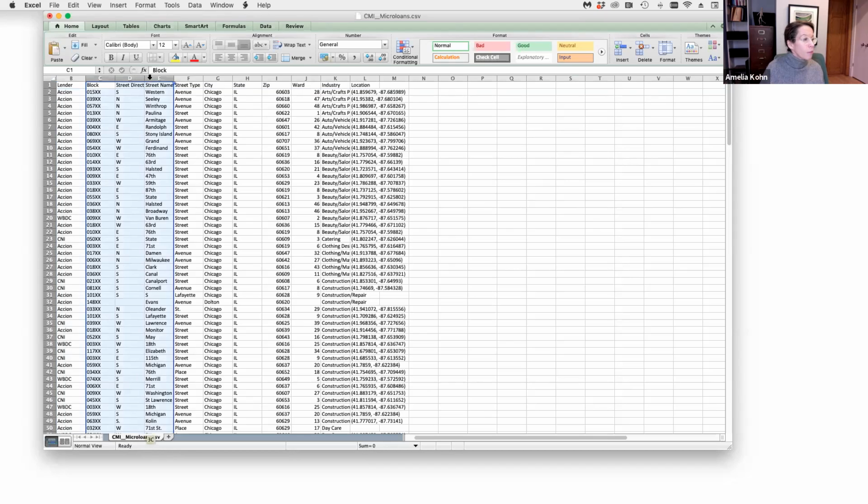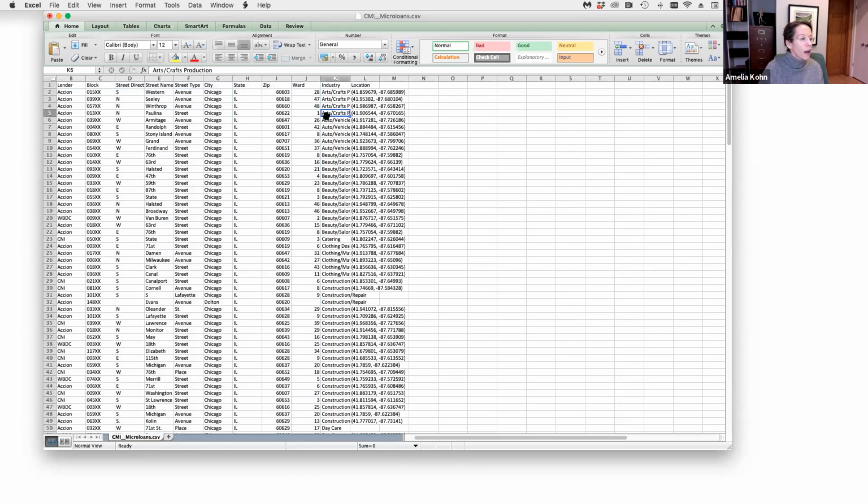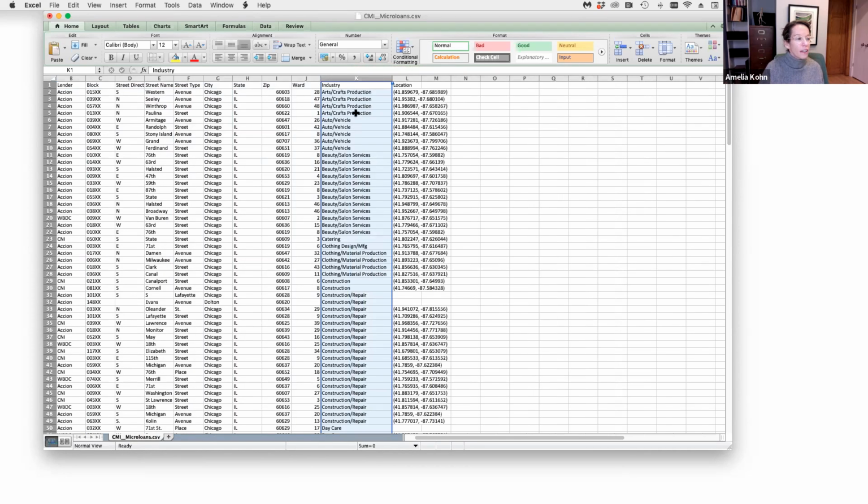We get a bunch of information about the location of the loan. We get the street address, city, state, zip. Chicago's divided into wards, just like New Orleans is. So we get the ward number. We get the industry that's related to that loan.